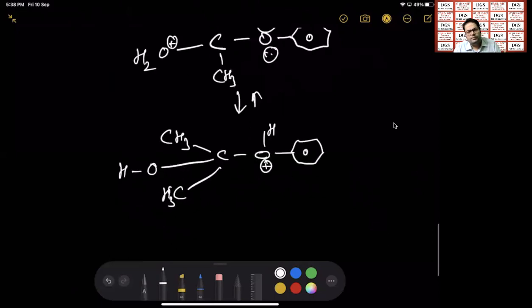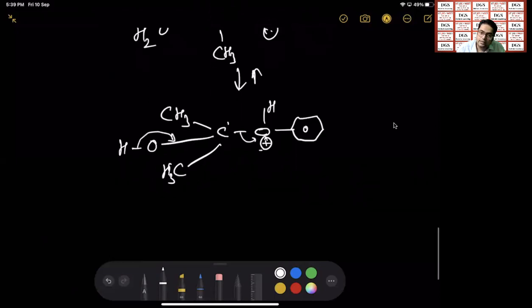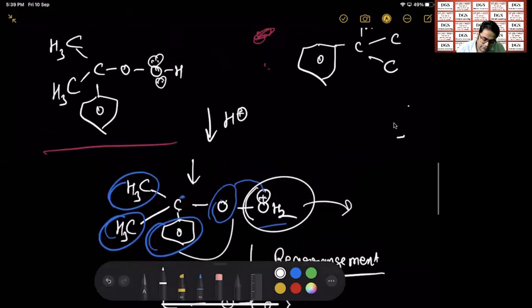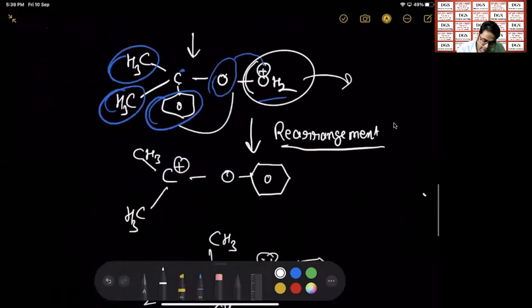Any atom which forms more bonds than its valency will definitely acquire a positive charge. What will happen next? As this oxygen is not ready to accept this positive charge, this charge will be donated by this oxygen to this carbon. And this bond will be like this. H plus will again be released so that the process can start all over again.